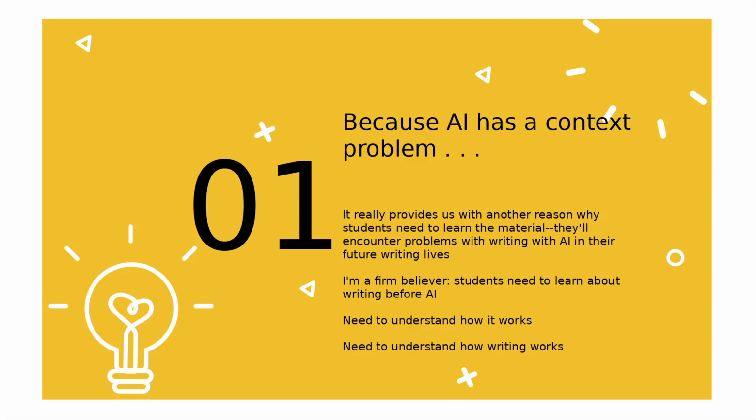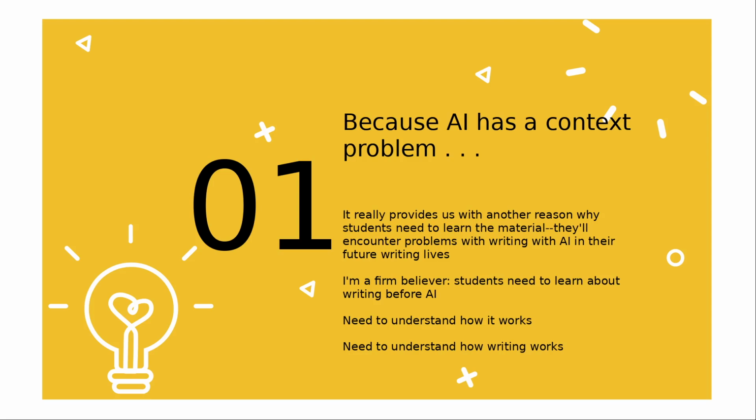But because AI has its own sort of context problem, that does provide us with another reason why students need to learn the material about writing that we want to bring to them in our classes, because they're going to encounter problems with writing with AI in their future writing lives. And so they need to be able to look for and find ways to problem solve for some of the shortcomings that AI will probably have.